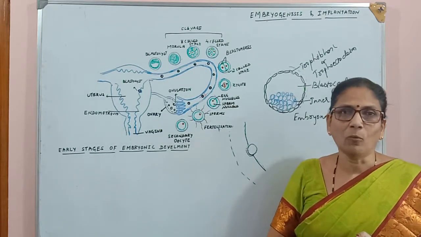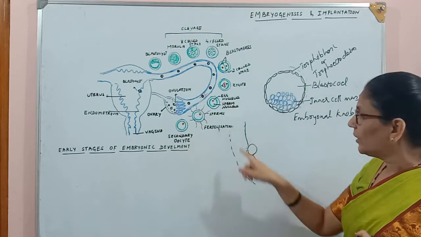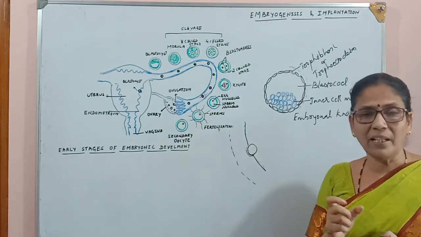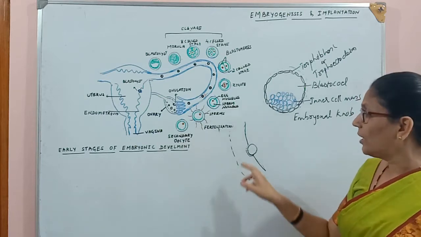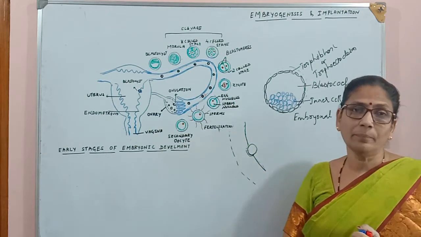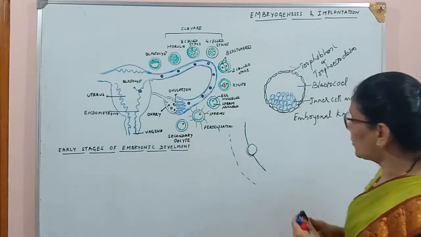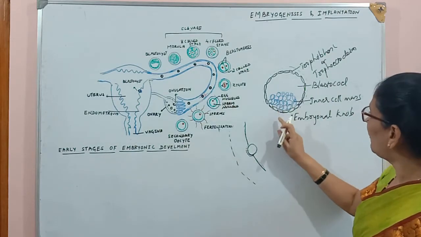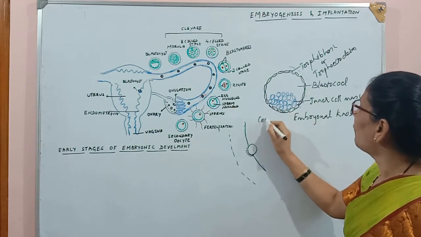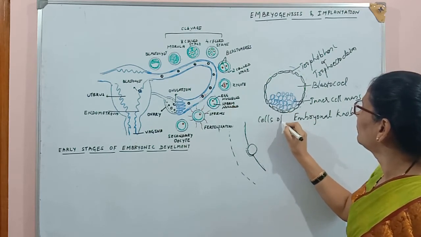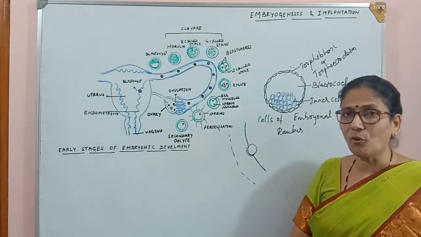And here, as it lands on the endometrium wall, the cells present in the endometrial layer swell and become loose, and the endometrium wall becomes highly vascularized and thickened.